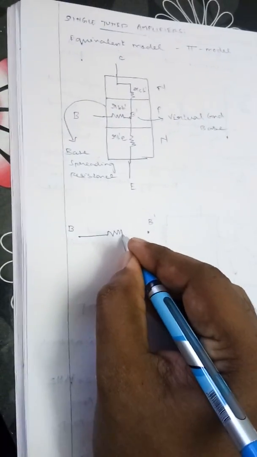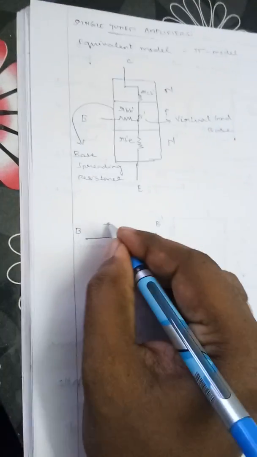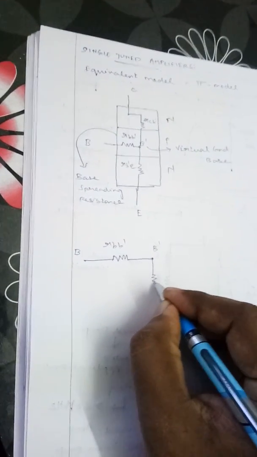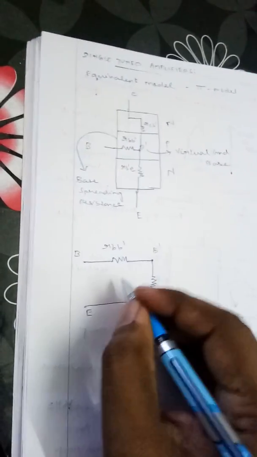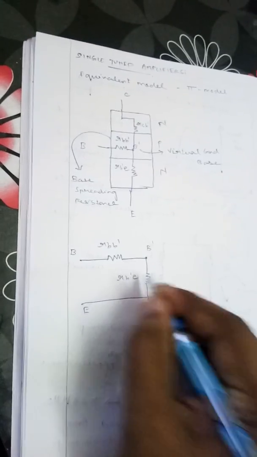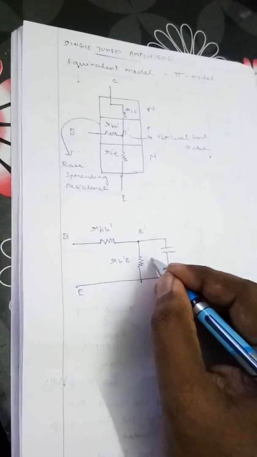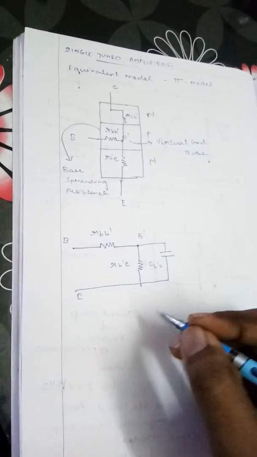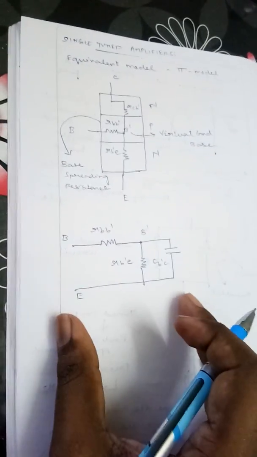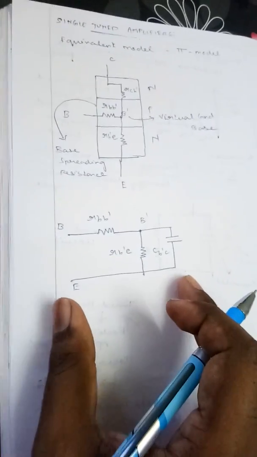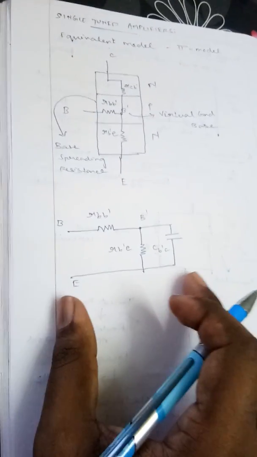If a resistance is connected in between these two, it will be taken as the base spreading resistance, and if a resistance is connected between B prime and the emitter terminal, it will be taken as RB prime E. And the capacitance, if it is available at the input side between B prime and E, will be taken as CB prime E. So this portion will be the input circuit representation of a pi model.